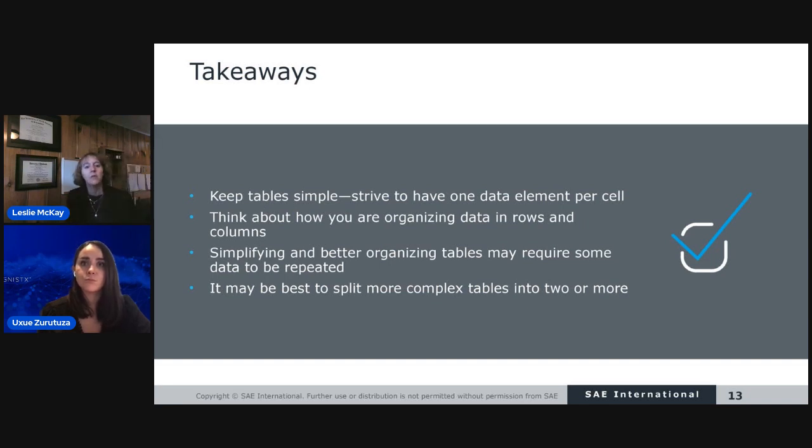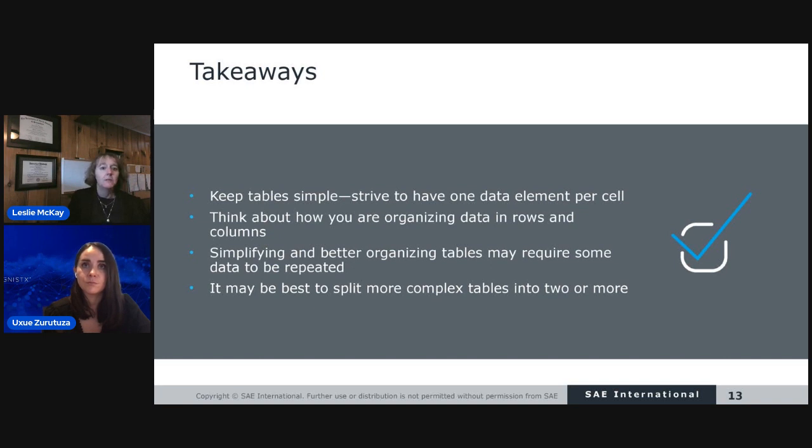So the takeaways from this section, again, simplicity. Strive to have one data element per cell when you're working with your tables. Think about the table structure. Think about what you're putting in rows, what you're putting in columns. If you have tables that are the same in multiple standards, like, for example, with properties tables, keep them consistent from standard to standard so that they can be interpreted the exact same way by your machine learning algorithms.